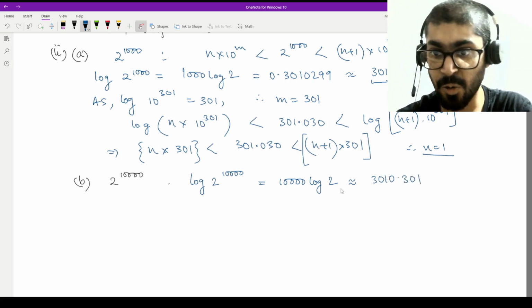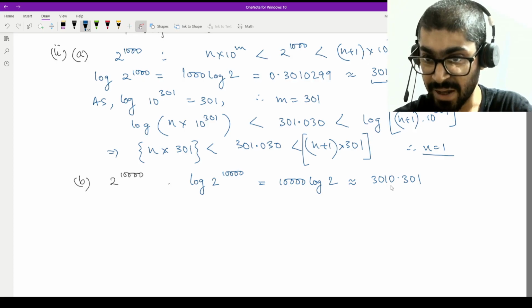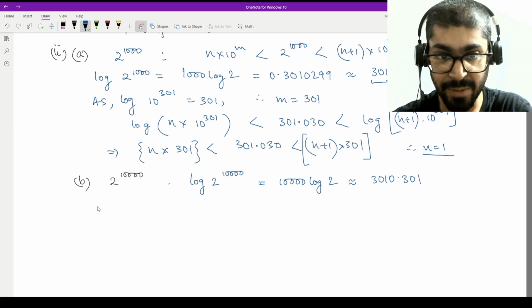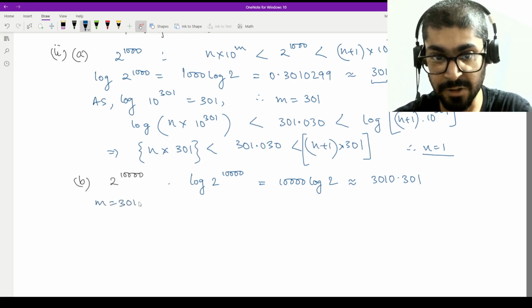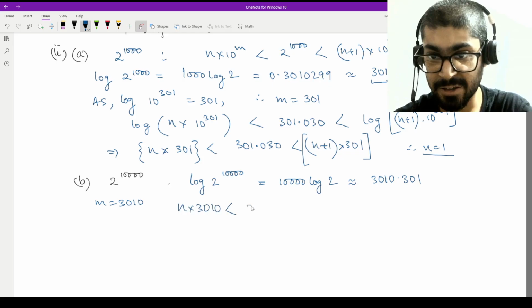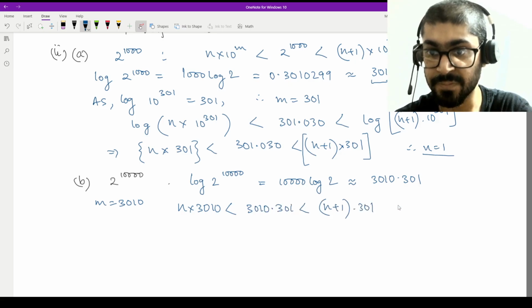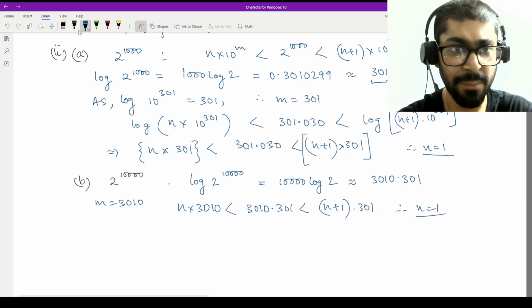Again I have to keep this number as m, so m is equal to 3010. Again I would have my equation set up such that n into 3010 is less than 3010.301 less than n plus 1 into 3010. This will give me again n equal to 1. So similar problem, similar solution.